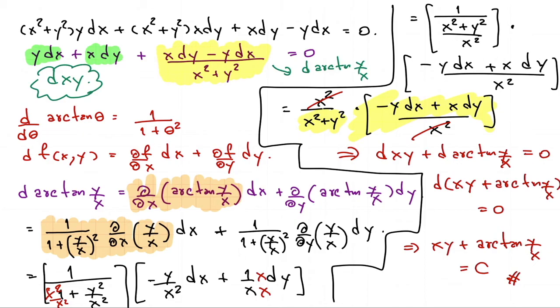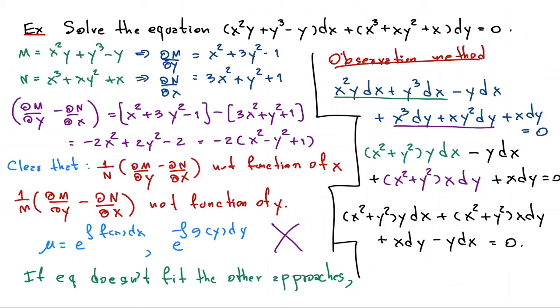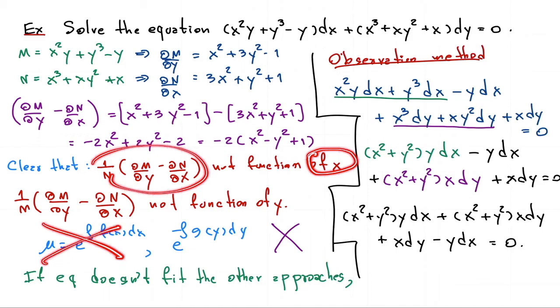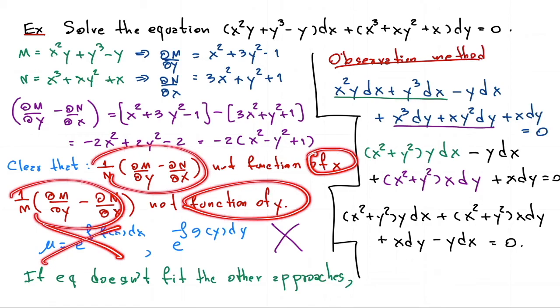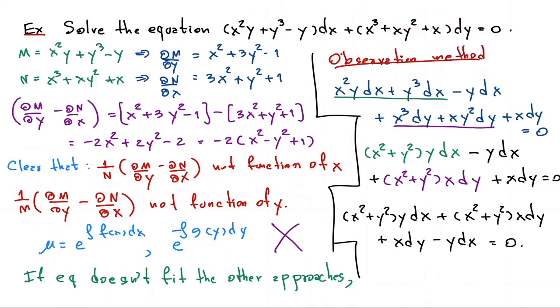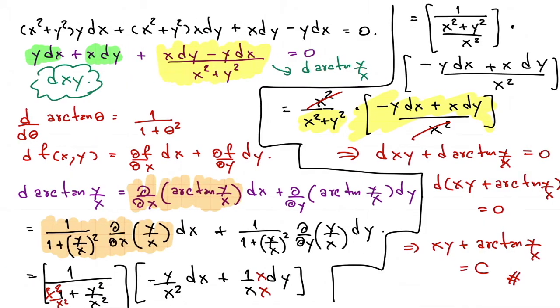Because for this one, as you can see, this one is not a function of x, so we can't use this, and this one is not a function of y, so we can't use this either. So we need to use the observation method, and that's the answer.